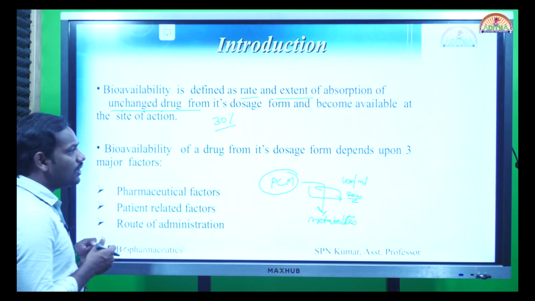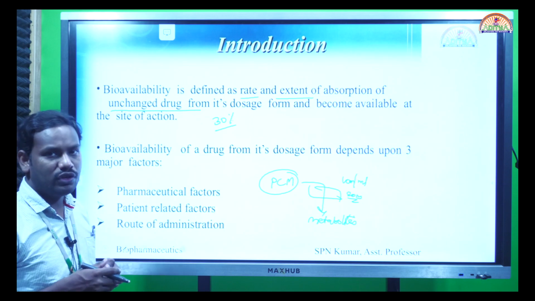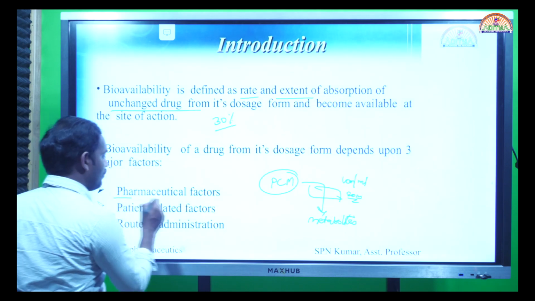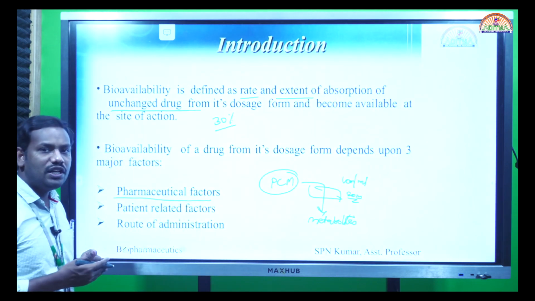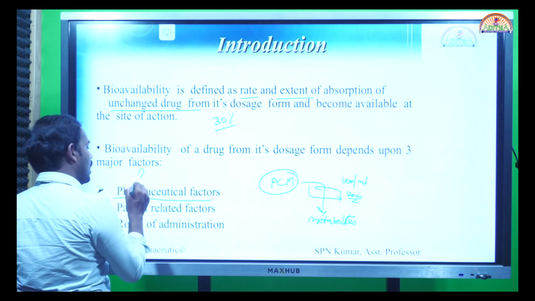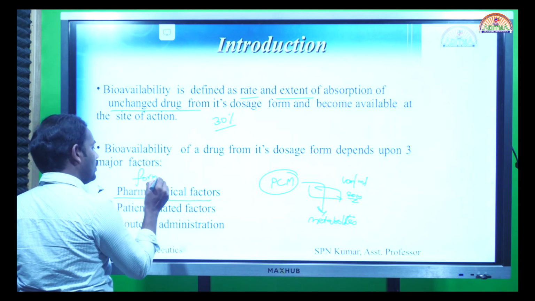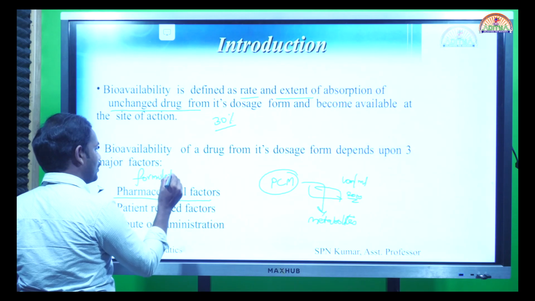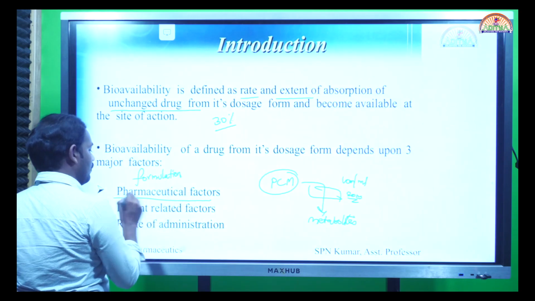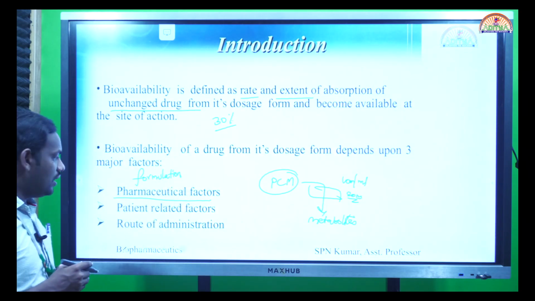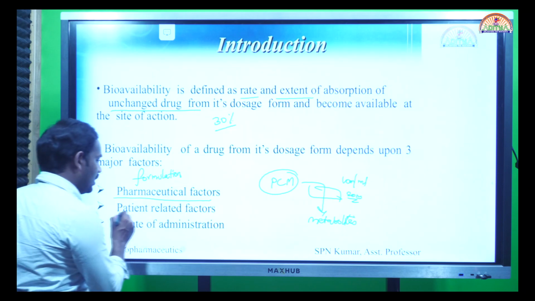Bioavailability of a drug depends mainly on three important factors. What are they? Pharmaceutical factors, which are formulation related factors. How are we going to design or manufacture our tablets? All the formulation related aspects are studied under pharmaceutical factors. Then patient related factors.